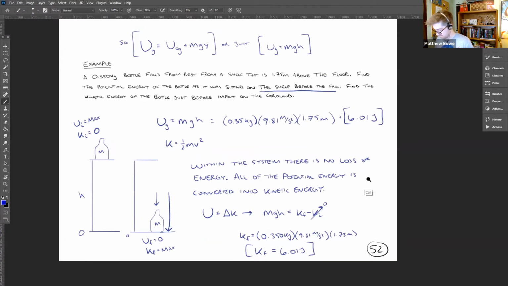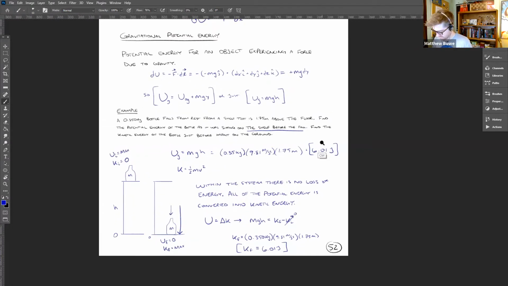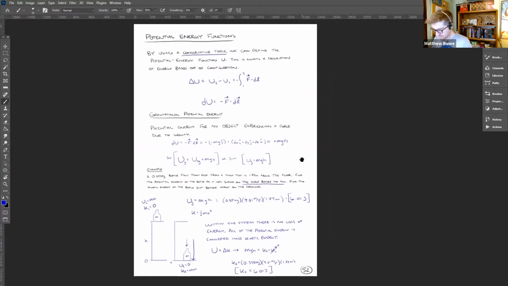All right. You see, energy can freely transfer from one form into another. Okay, so that's potential energy.